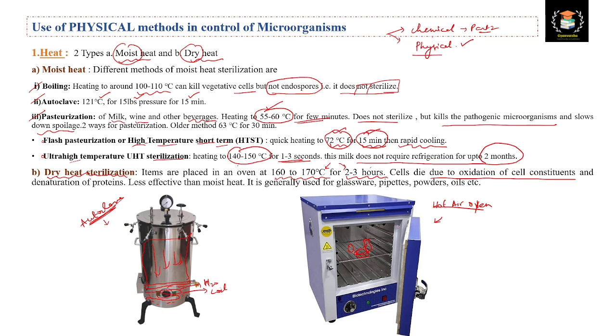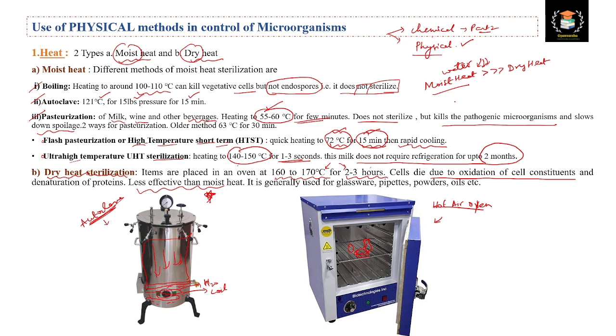But again, dry heat is less effective than moist heat sterilization. This is important: moist heat sterilization is better than dry heat sterilization. Why? Because the water present helps the heat to penetrate inside the microorganisms and kill them.